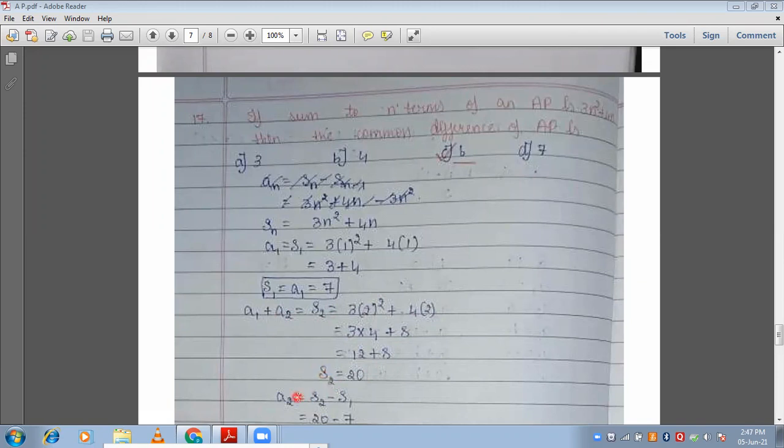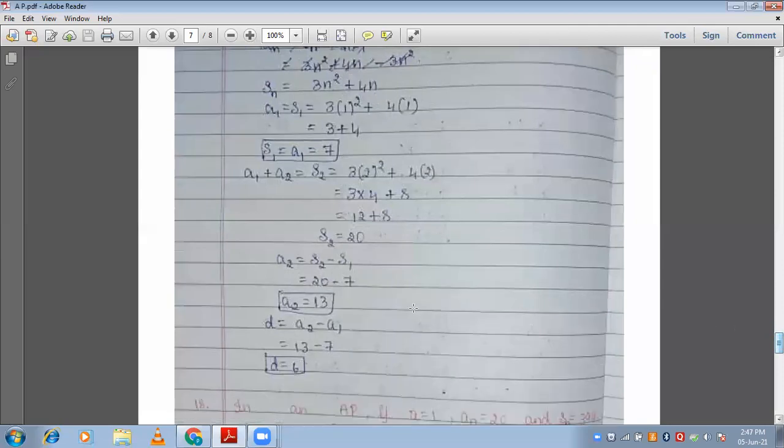Or else A2 is equal to S2 minus S1. How did we write this? In place of S2, you can write A1 plus A2. S2 is equal to A1, and instead of A1, you can write S1 plus A2. Now find out A2.